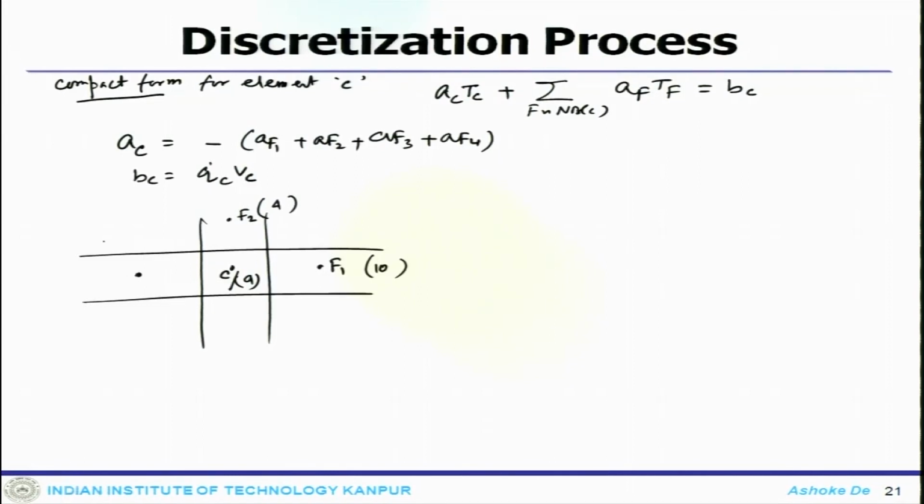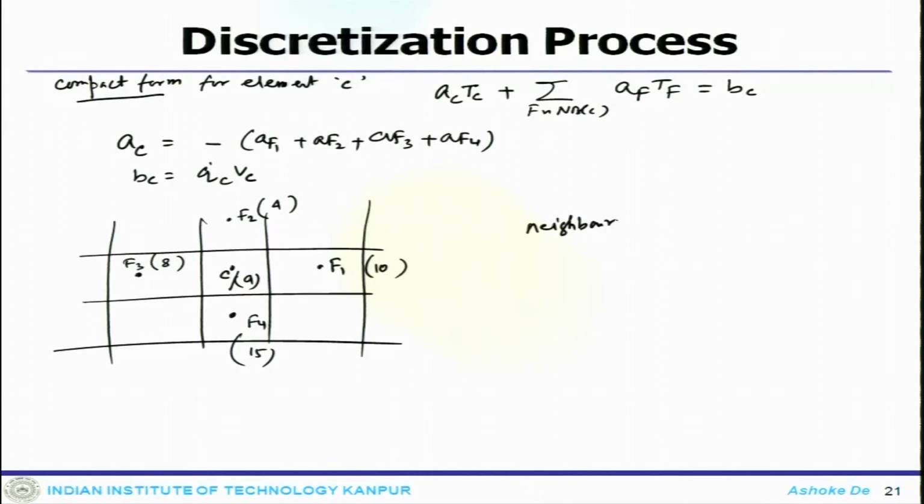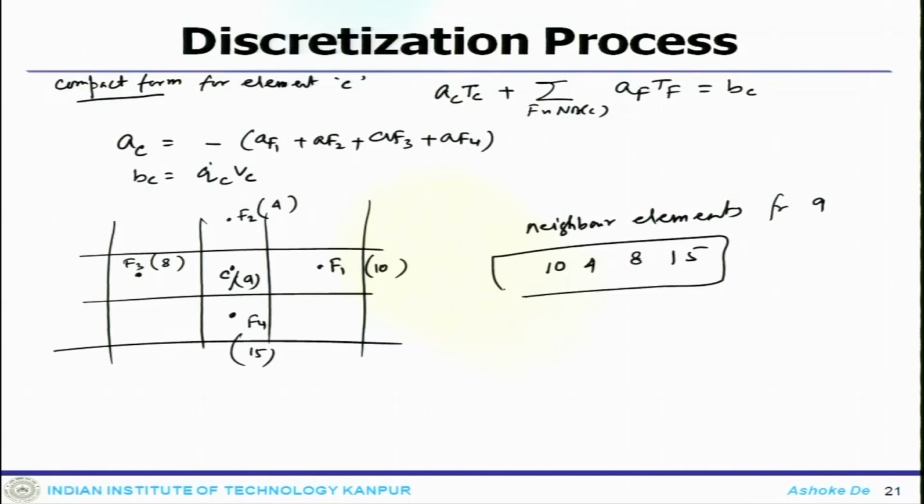This was my F3, in the global system it was 8, and this was my F4, in the global system it was 15. So, the neighboring elements for 9 were 10, 4, 8, 15.